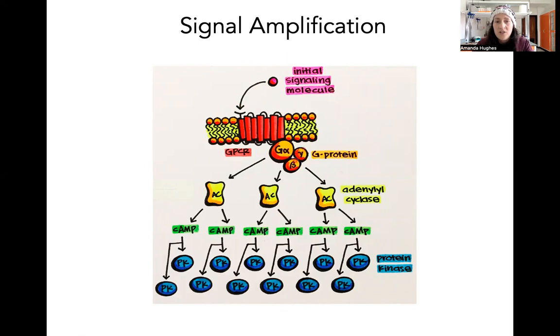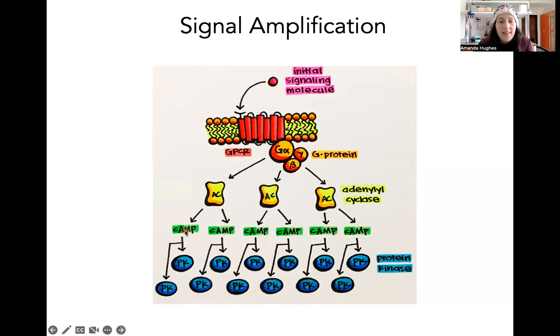And then the G complex can go and activate multiple adenylyl cyclases. And then those multiple adenylyl cyclases can create multiple cyclic AMPs. So notice we've gone from one tiny hormone to now 1, 2, 3, 4, 5, 6 cyclic AMPs. And in fact, it's way more, but again, you're amplifying the signal. You're making it bigger and bigger and bigger.